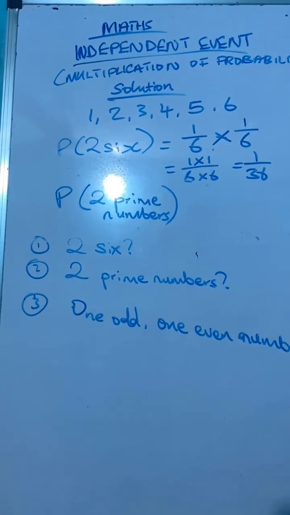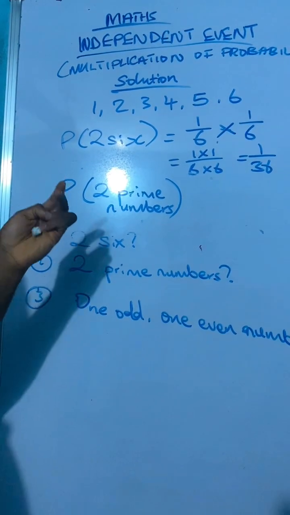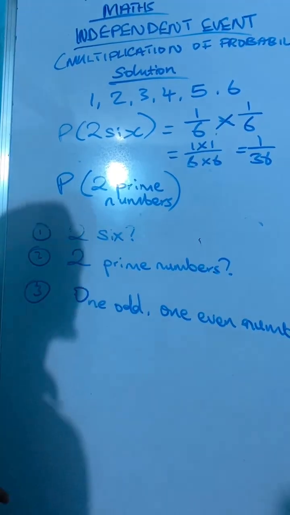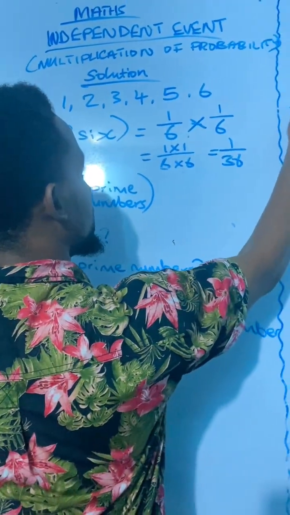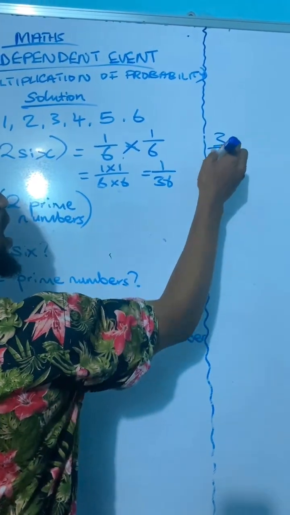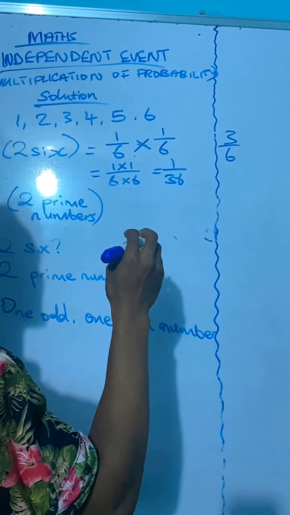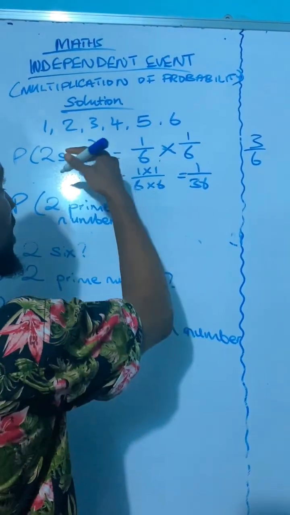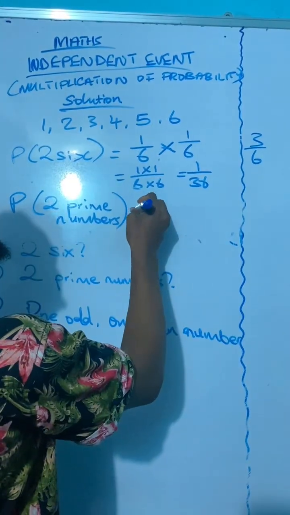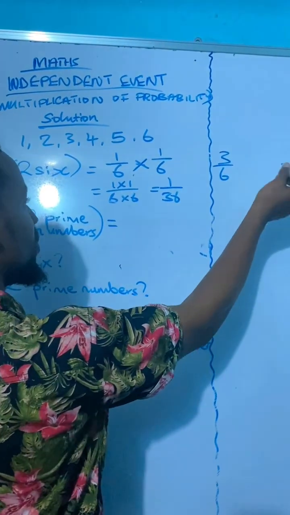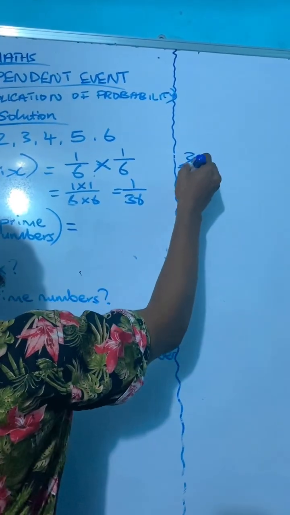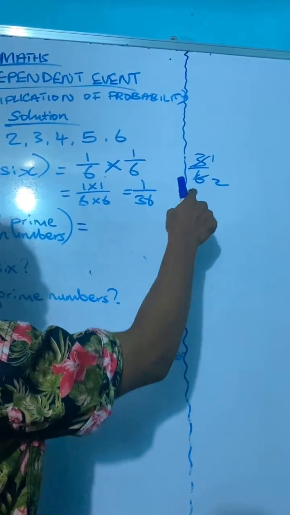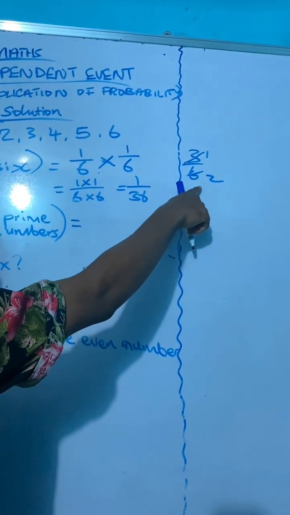So now, in the first die, since 2, 3, and 5 are prime numbers, that means this is 3 out of 6, right? And it's also 3 out of 6 for the second die. So now, let's reduce it to the lowest term before we bring it together, please. So 3 out of 6 is 1/2.